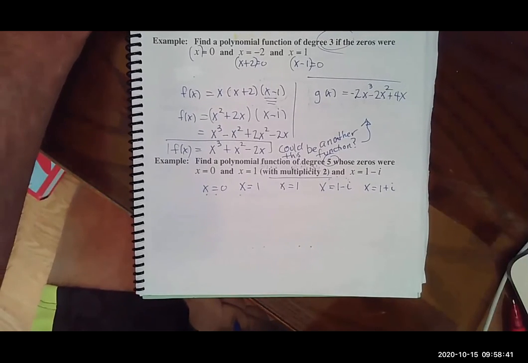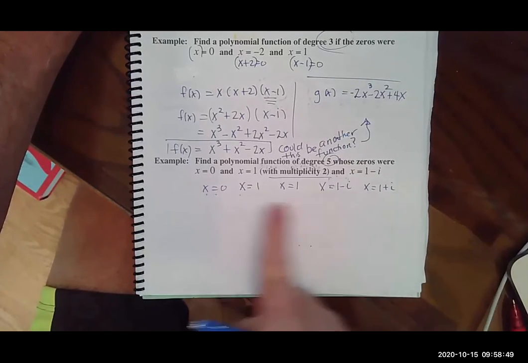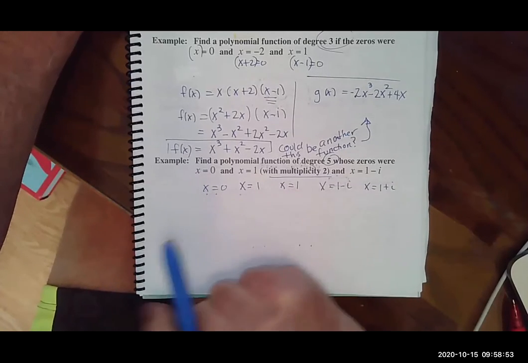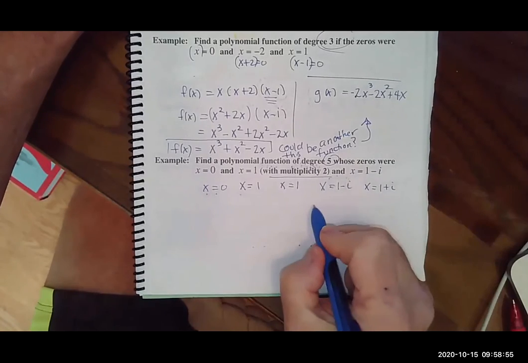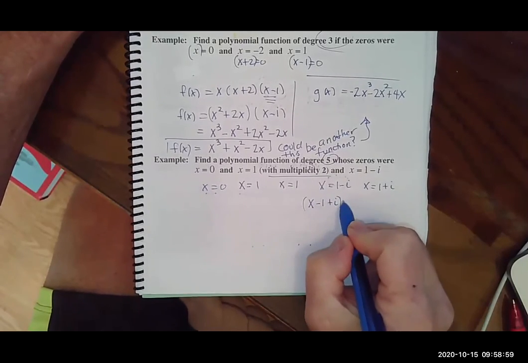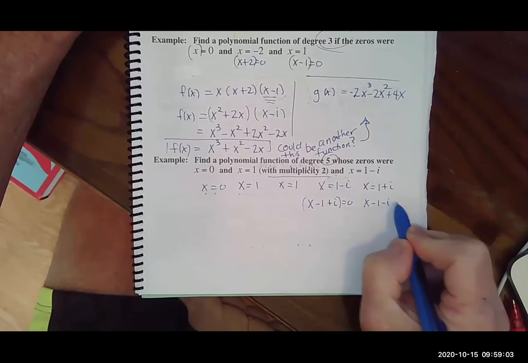Ooh, okay, this is going to take some time. I'm going to have Bonnie kind of work this one out with you. Here's the key, Bonnie. I want to make sure that you see this. I know you'll be able to do this, Bonnie, but this one here, if you're going to set it equal to 0, you're going to have x subtract 1 plus i equal to 0. And x subtract 1 subtract i equals 0.